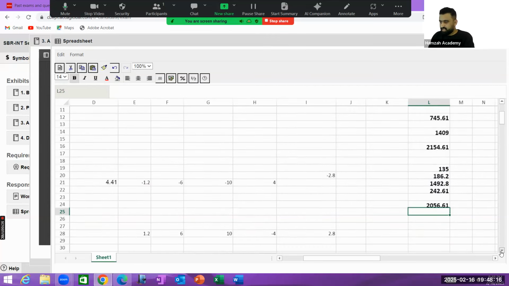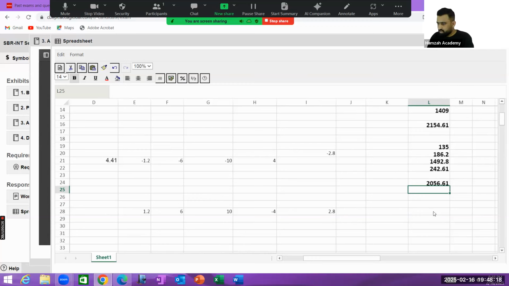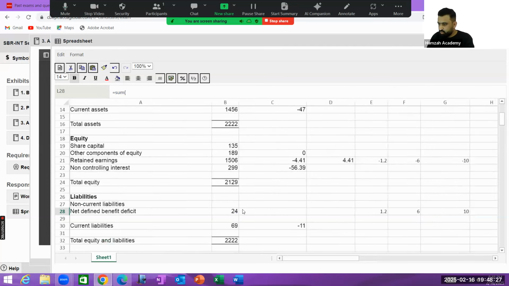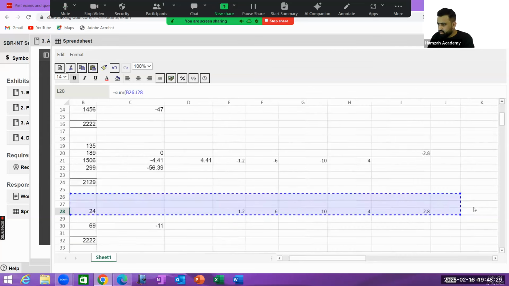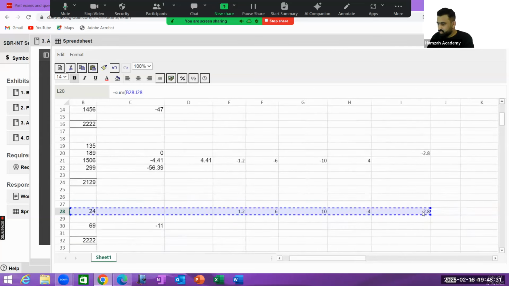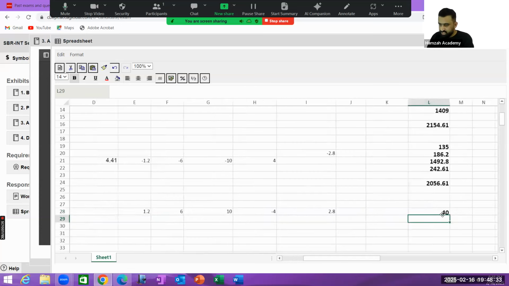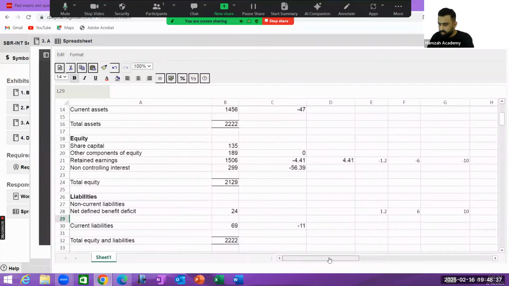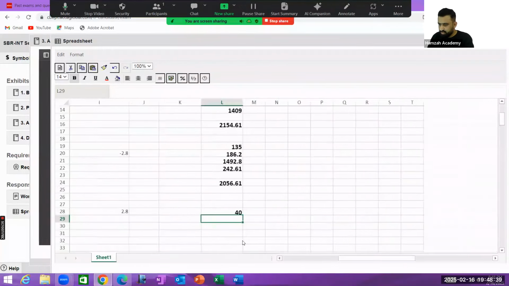Now, after that, you will be doing the total of the net pension liability, which should be equal to 40 after incorporating all the adjustments, and yes, it is 40. And then you have a current liability in 30.